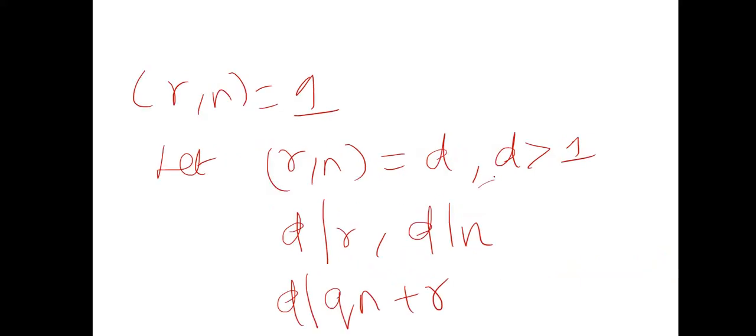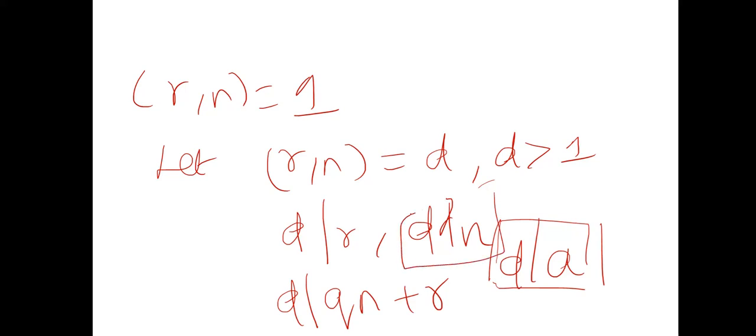Therefore, D should divide A. So now D is dividing A and D is dividing n. Therefore, GCD of A and n should be greater than or equal to D, where D is greater than 1. So this is again a contradiction, because GCD of A and n is equal to 1.